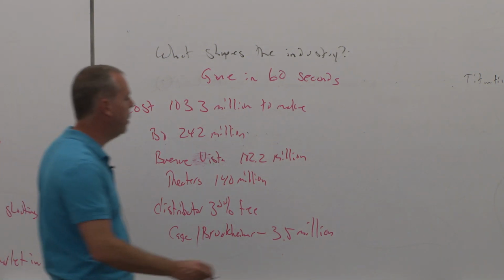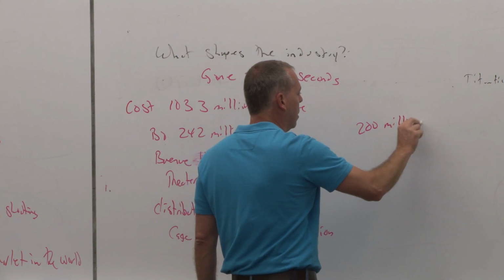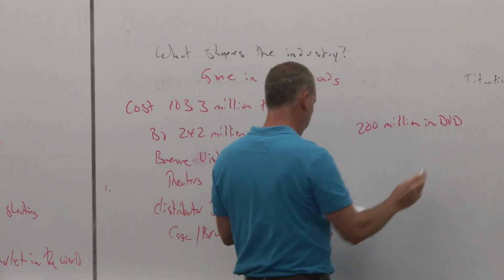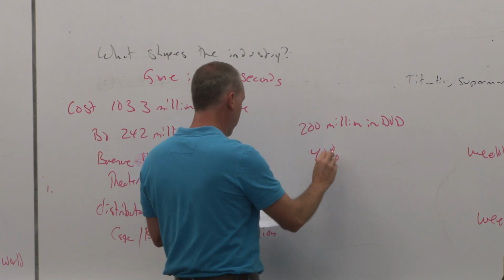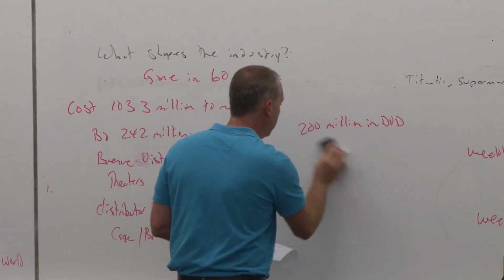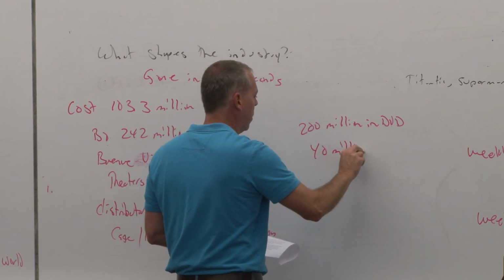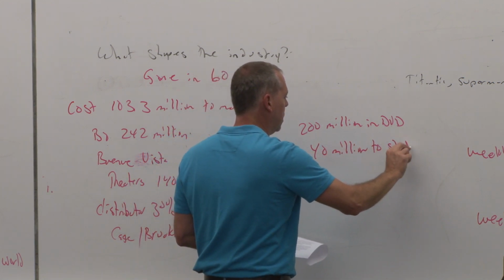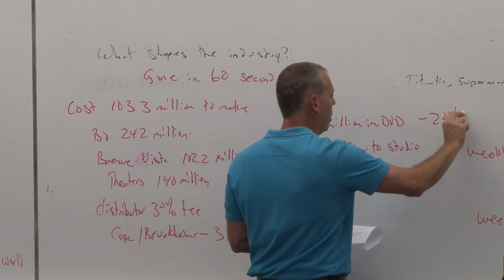It has $200 million in DVD sales. Only 40 million goes to the studio, because they have a contract in here on a 20% royalty.